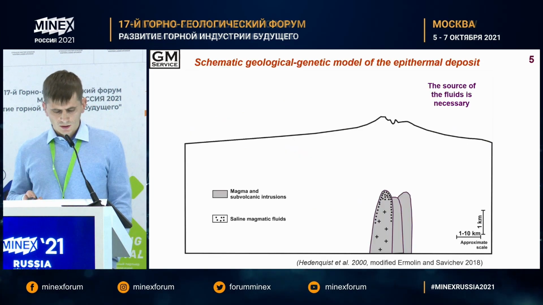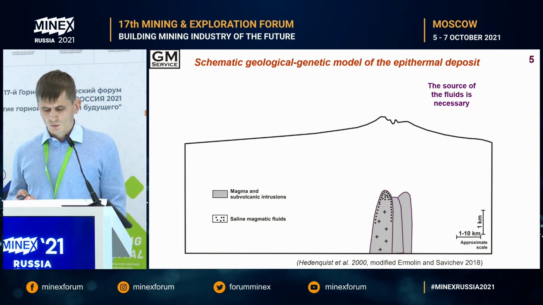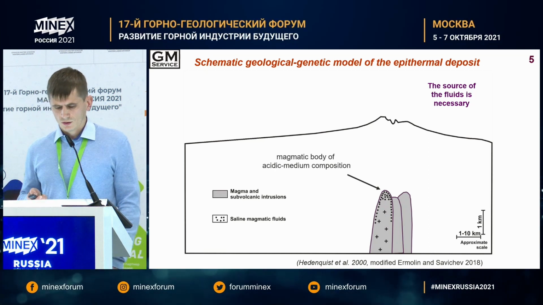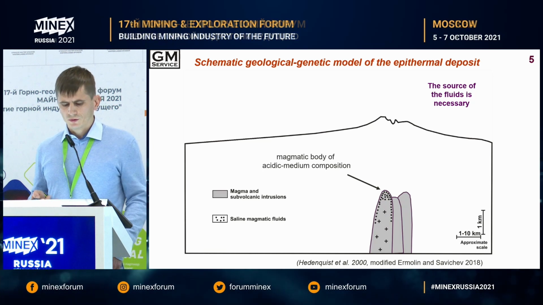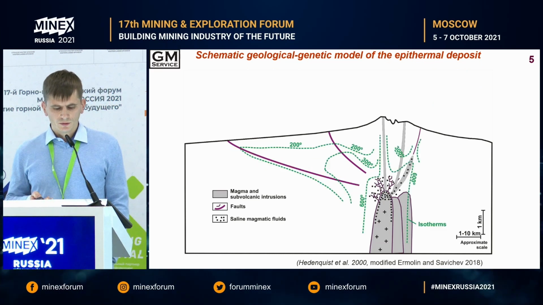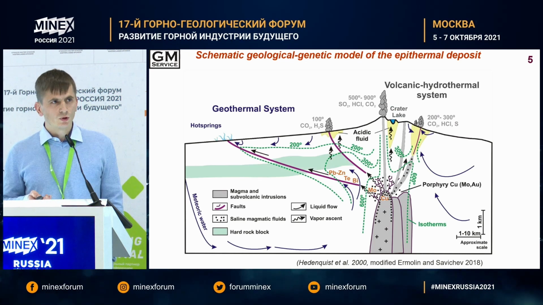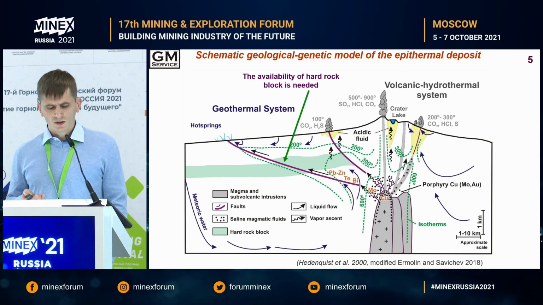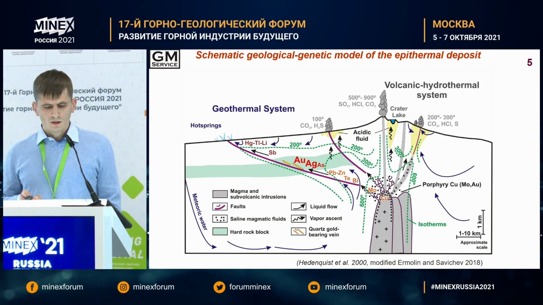So, presently, the schematic geological genetic model of the epithermal deposit looks as shown. It's necessary to have a source as a magmatic body, the source of the fluids, the acid, and a channel for the migration of fluid. At a certain distance from the source, it is necessary to have a block of hard rock so that the fluid crystallizes in a narrow zone and is not dissipated among many pores.